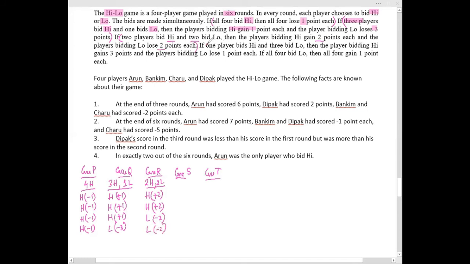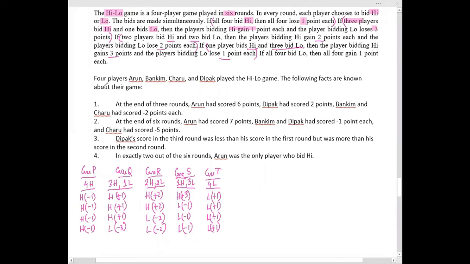If one player bids high and three players bid low, then the player bidding high gains 3 points, and each player bidding low loses 1 point. So these are the total 5 cases that have been mentioned.